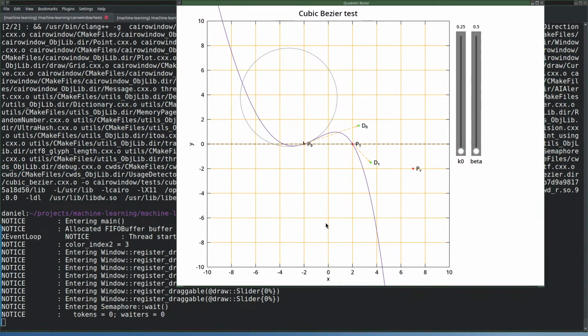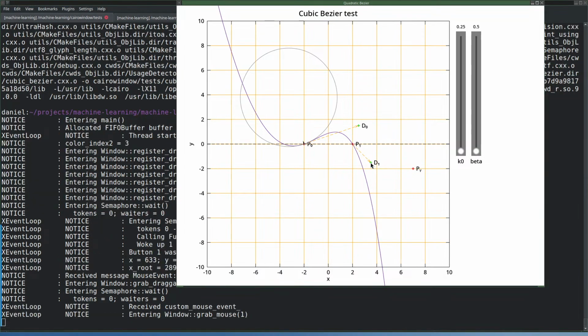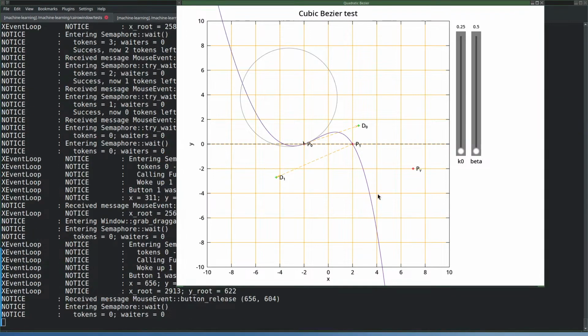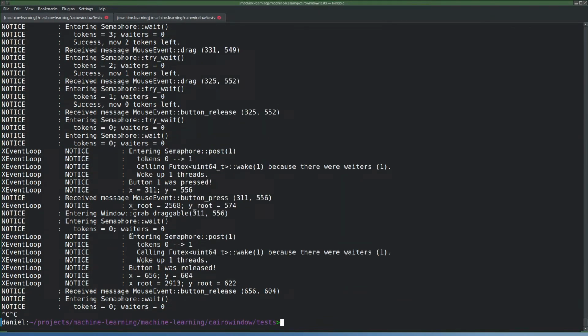Well, ain't it interesting? D1 is uncoupled, so let's remove that. Don't see it anymore.